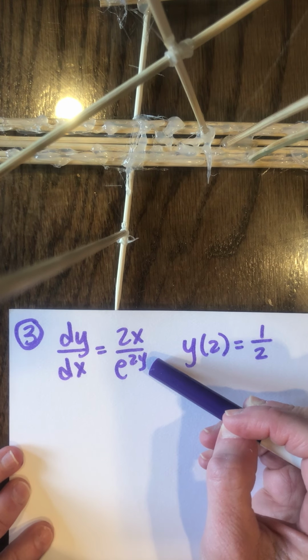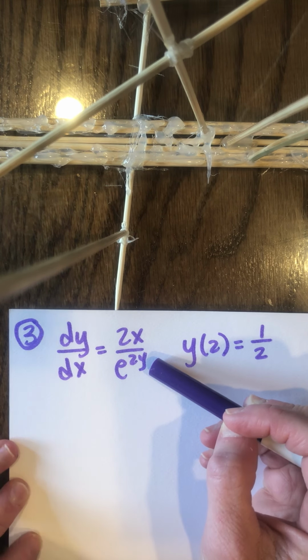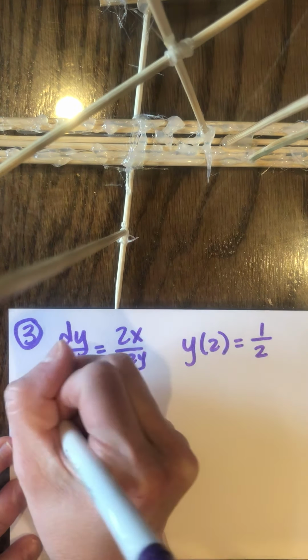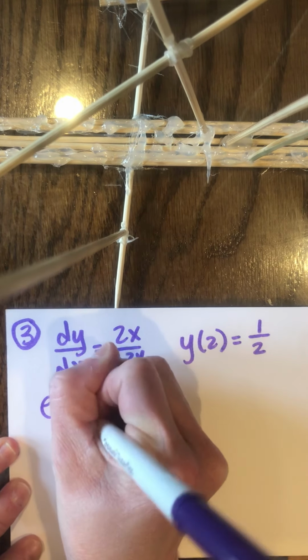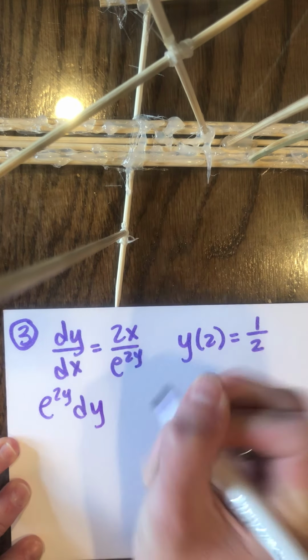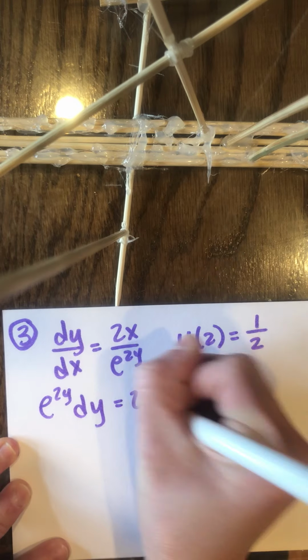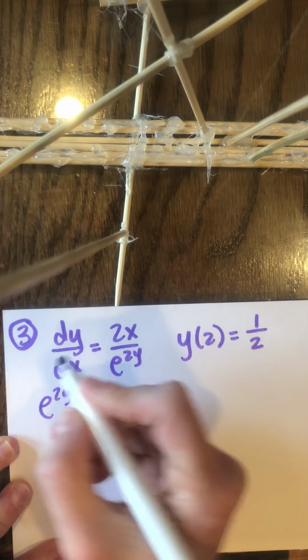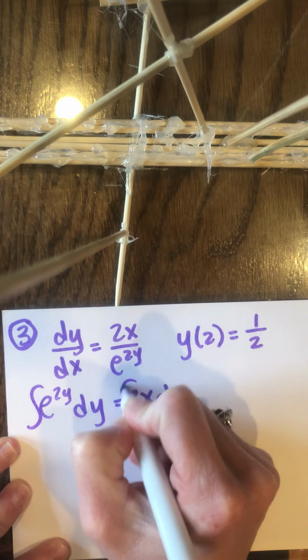So the first thing I'm going to do is isolate all my y terms on one side of my equation and all my x terms on the other side of the equation. So I have e to the 2y dy equals 2x dx. And now I'm ready to integrate both sides here.